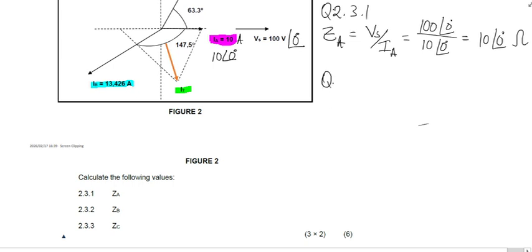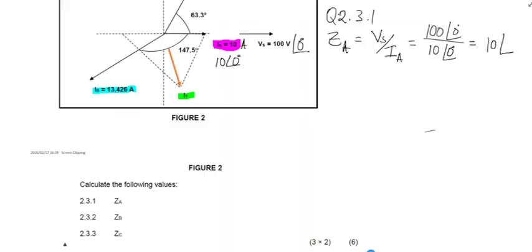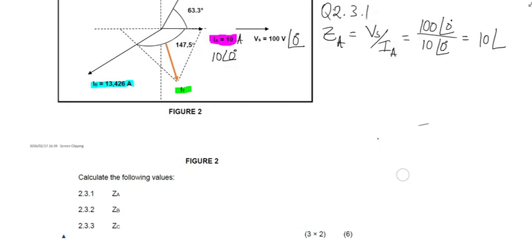Let's go to question 2.3.2, which is ZB. So when you look at ZB, we follow suit. V supply over the current running through there.